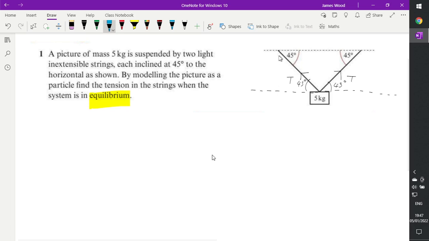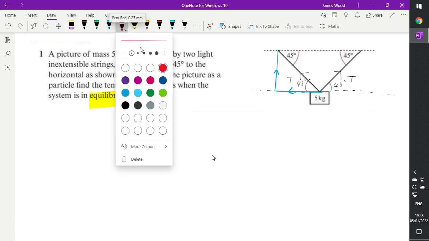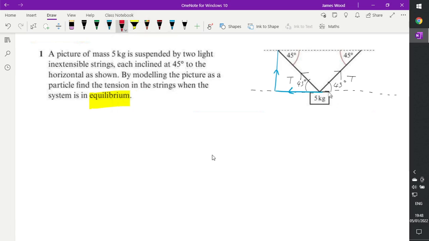Now we can resolve t into a vertical component here and a horizontal component here. And likewise, we've got the same on the other side too. So we've got a horizontal component and a vertical component. Over here, this is going to be t cos 45 and t sine 45.